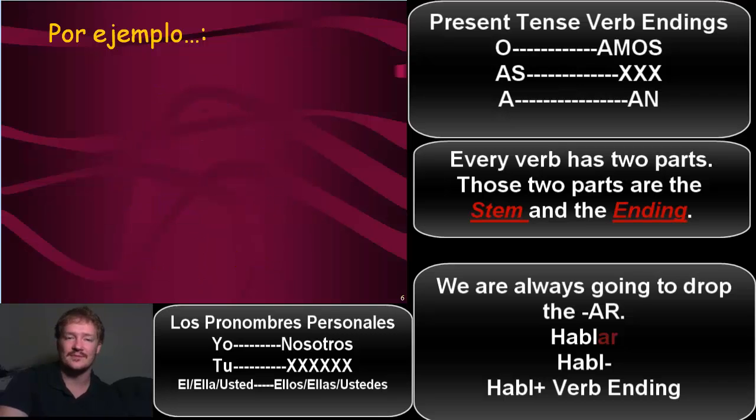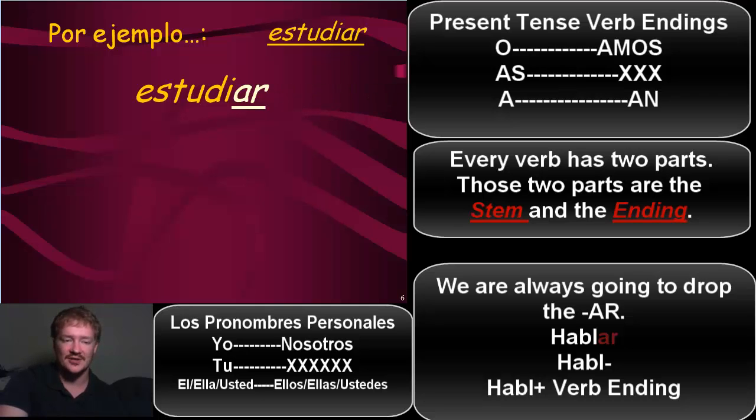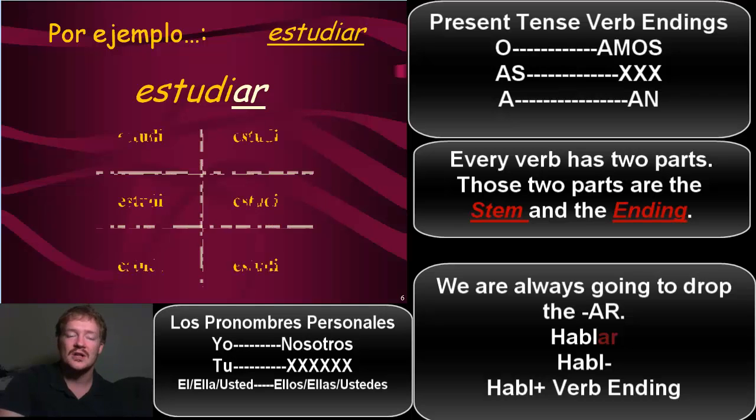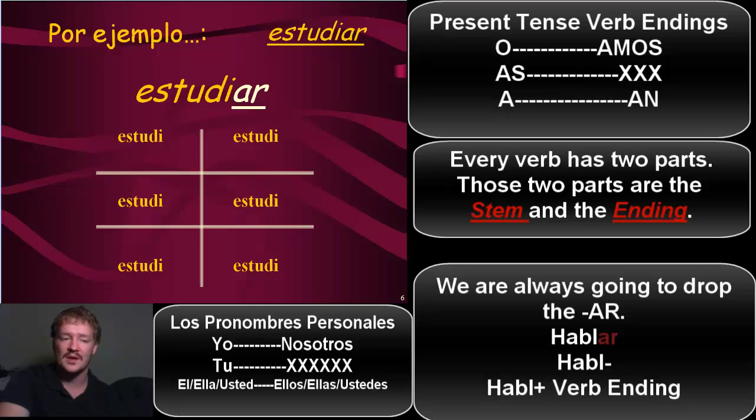Our next example is going to be estudiar. Once again, we've gotten rid of the AR. You see it's underlined and bolded and put in white, just so you know that that is the ending. Here's our T-chart. You have estudi through all of them. We're going to add our verb endings.